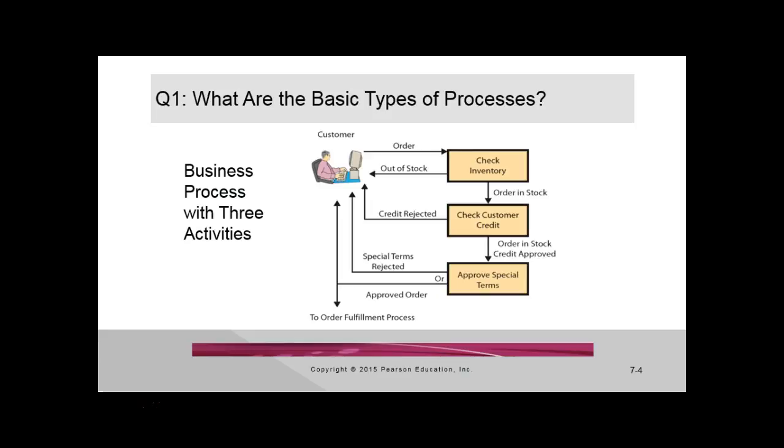Now, there's a process known as business process reengineering. Okay? It's kind of an old term. Business process reengineering came from a gentleman named Michael Hammer, and this goes way back when information systems just started coming into usage.